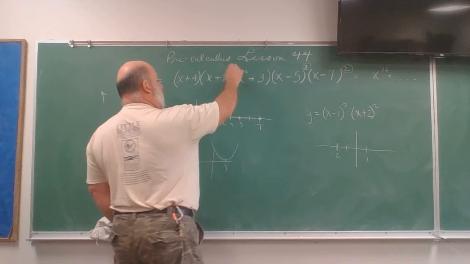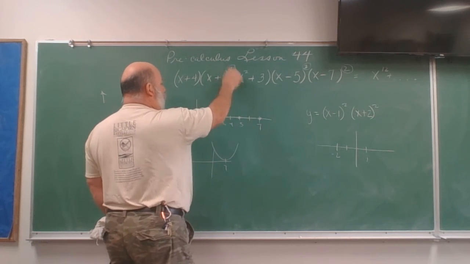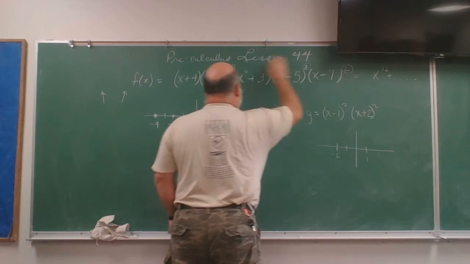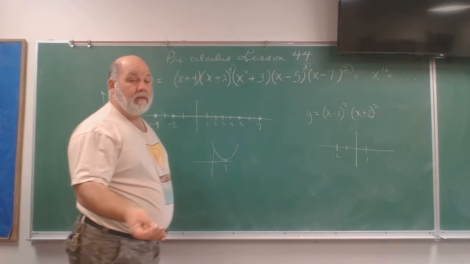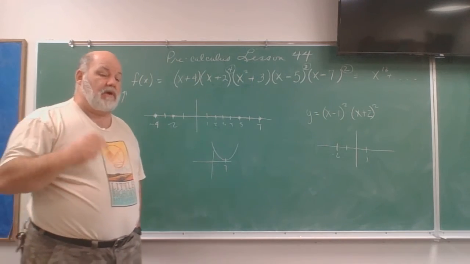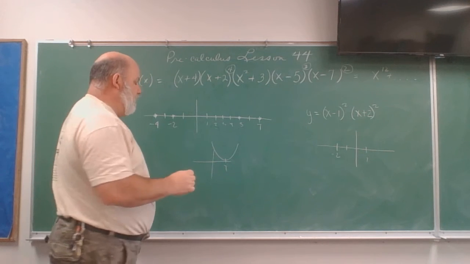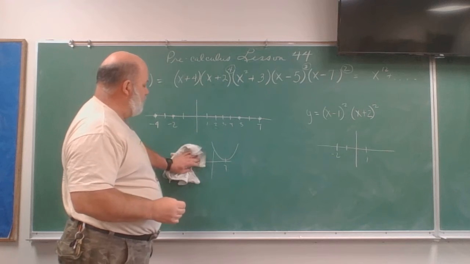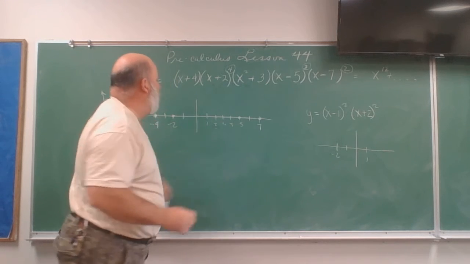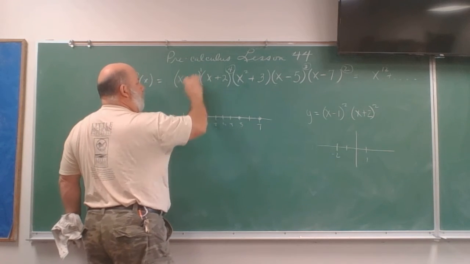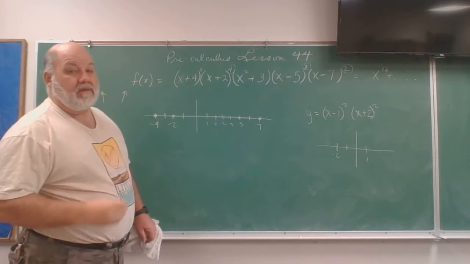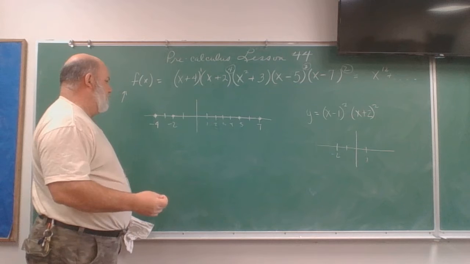If I have my quantity to an even power, this 2, this 4, or a 6, an 8, a 10, that tells me my graph is only touching the x-axis. It is not crossing the x-axis. If I have the quantity to an odd power, a 1 or a 3 or a 5, that means it crosses there.